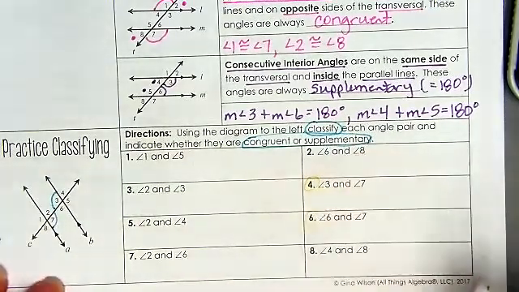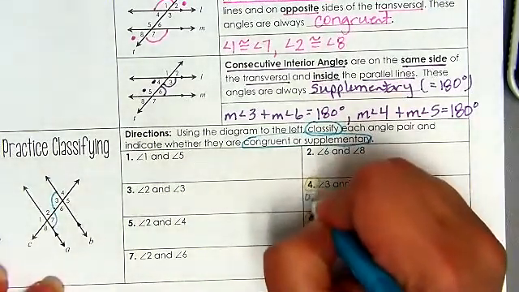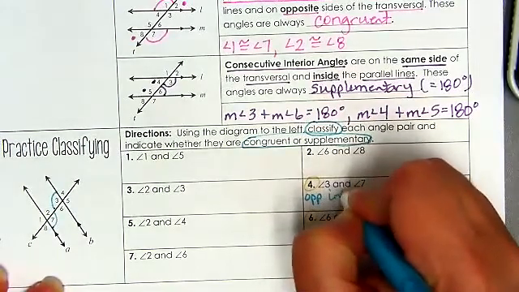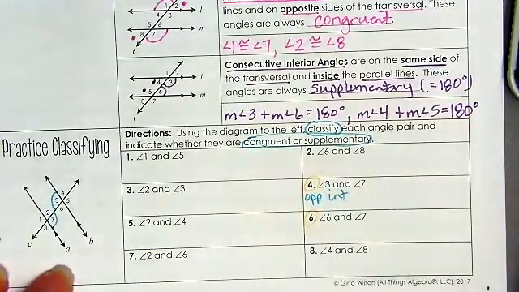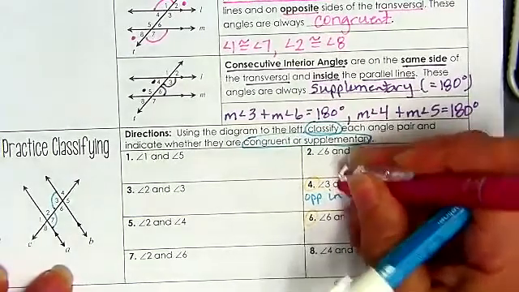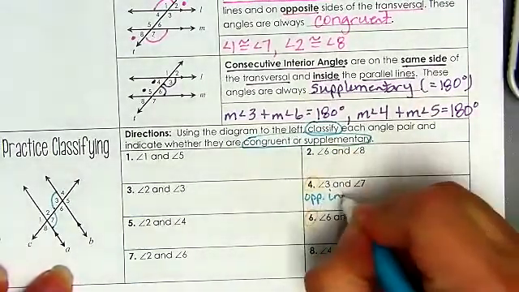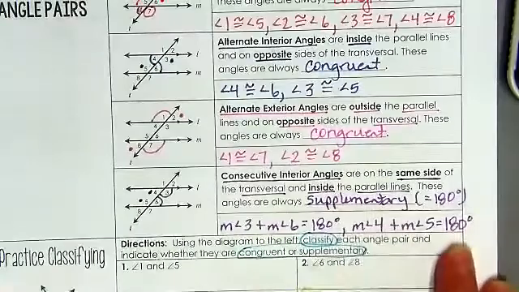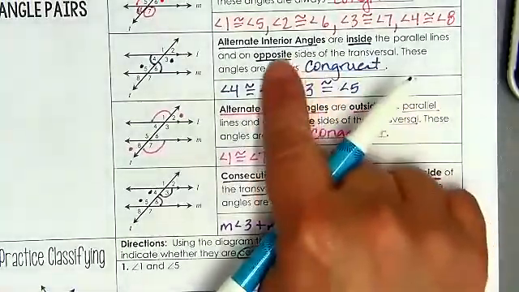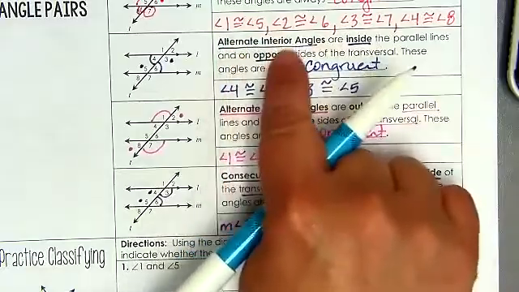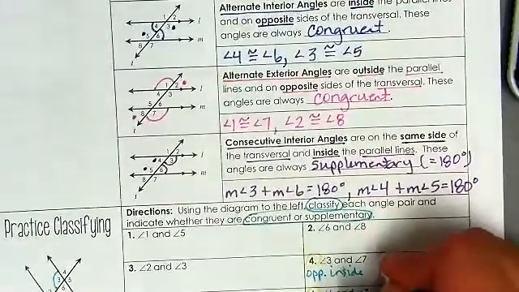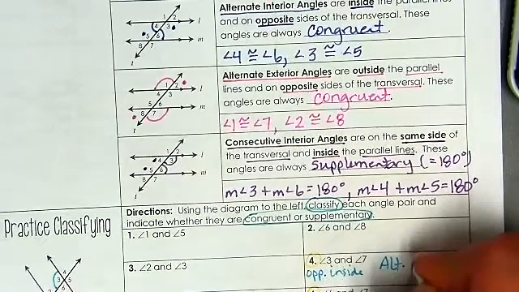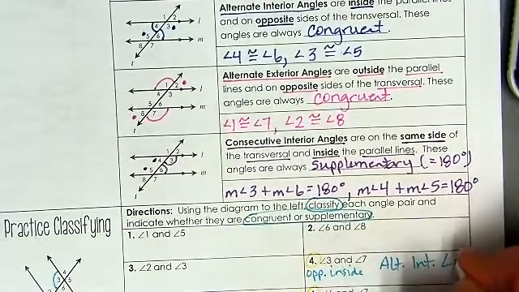So it's opposite inside. Therefore, I'm going to look at which ones tell me opposite inside. So it's alternate interior angles.